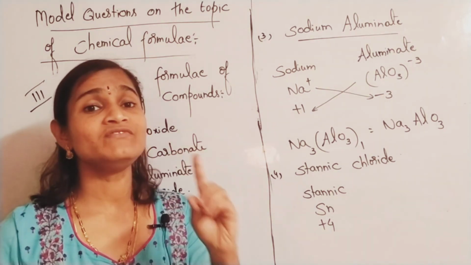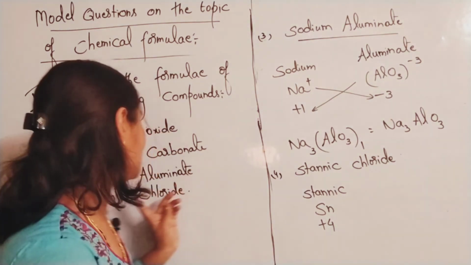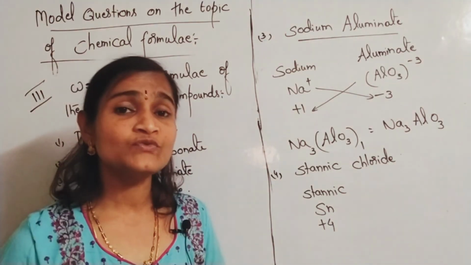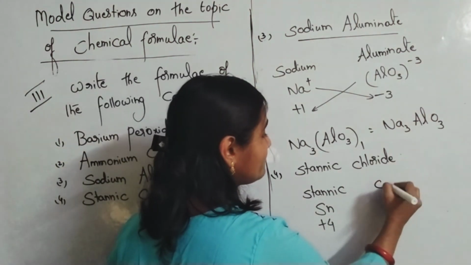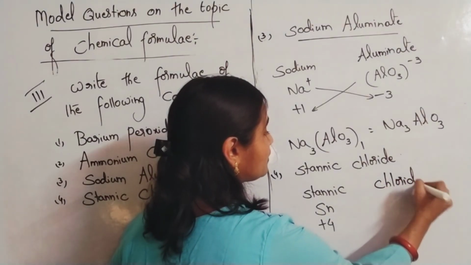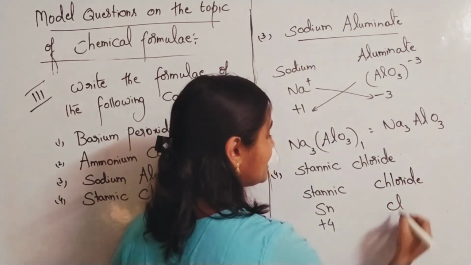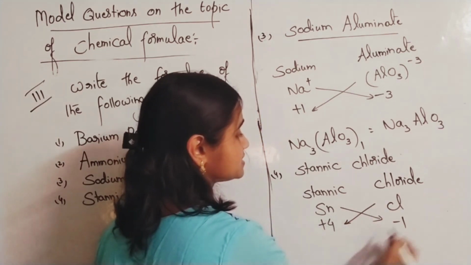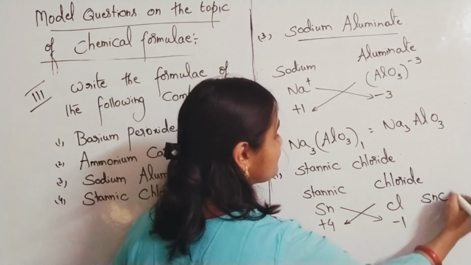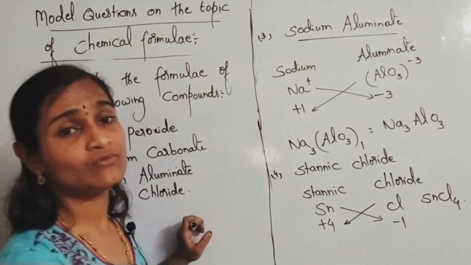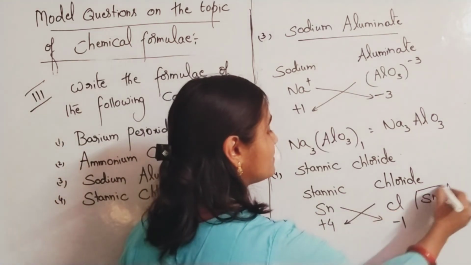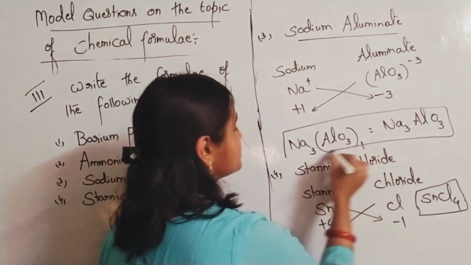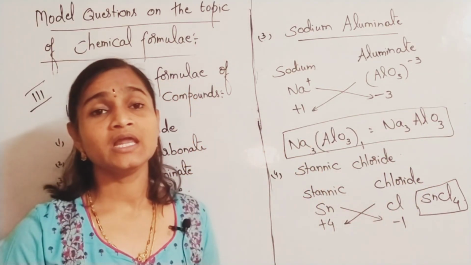Okay, so don't get confused with it. Here he asked about what? Stannic chloride. So take Sn+4. Okay, then chloride, Cl minus. Okay, cross over the valencies or charges. You will get the relevant formula, SnCl4. Okay, now the relevant formula of the compound is what? SnCl4. Here, sodium aluminate Na3AlO3.